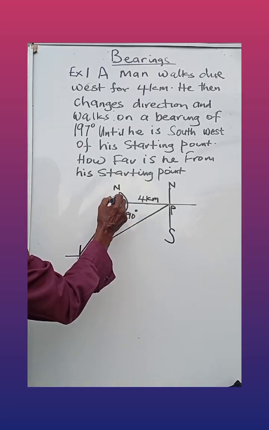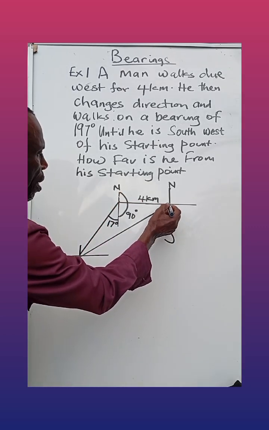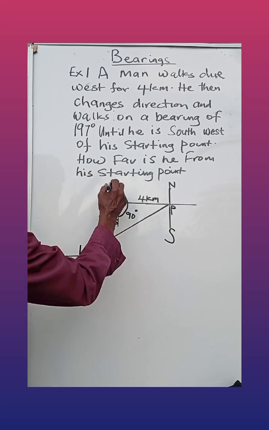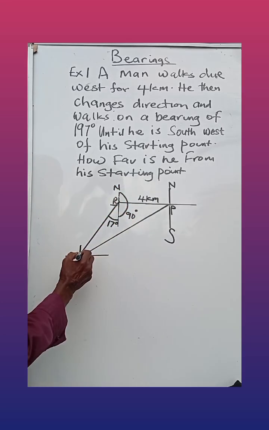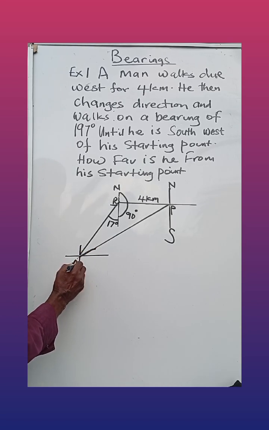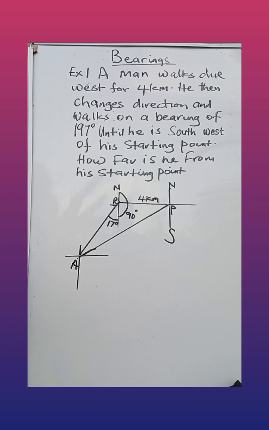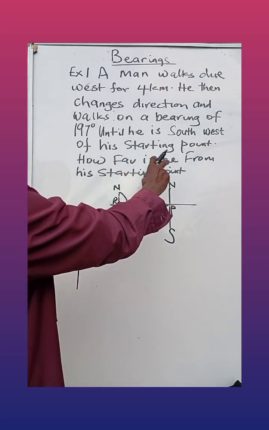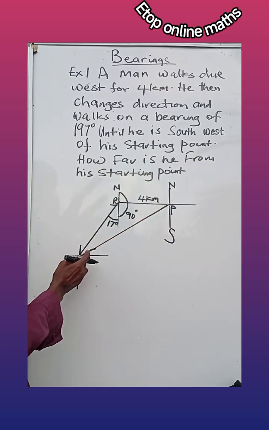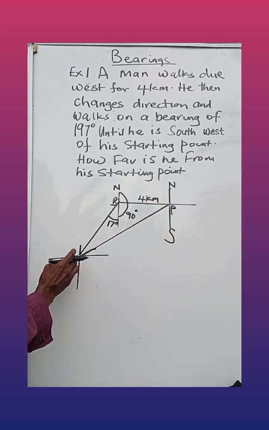Now, the man moves from here, gets to this point and turns. I call this point B. Call that point A. The man is standing here now. So from here, the examiner says, how far is he from his starting point? Now, there's the dimension we are going to determine.